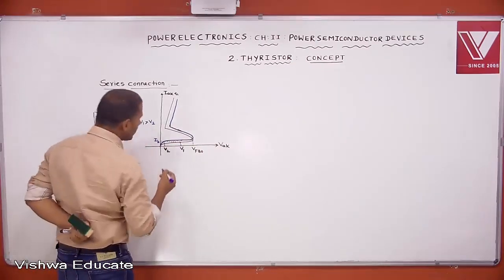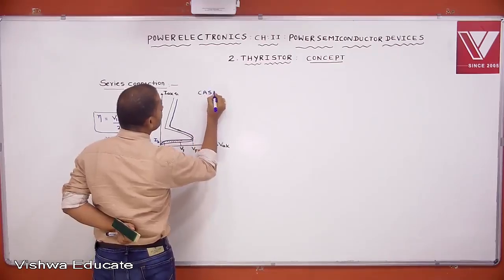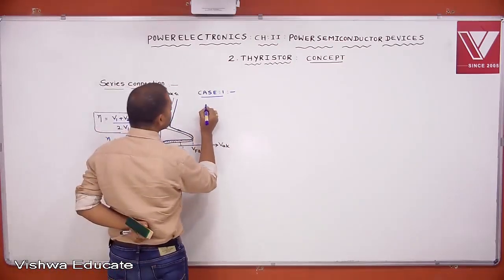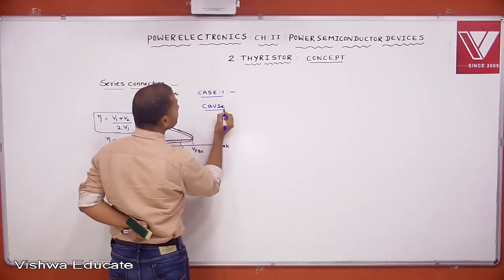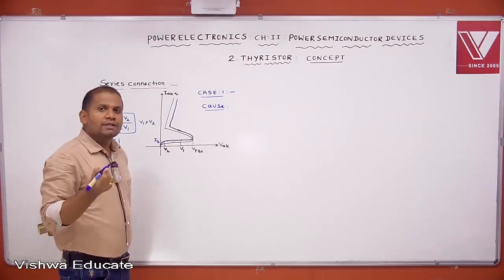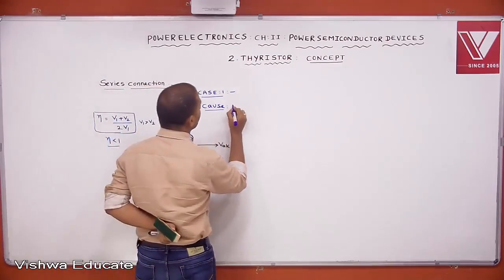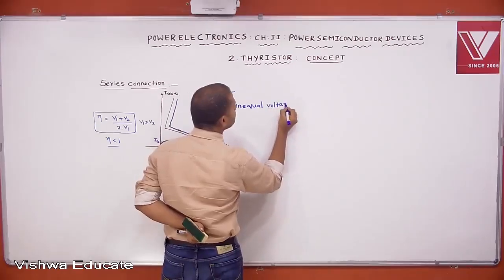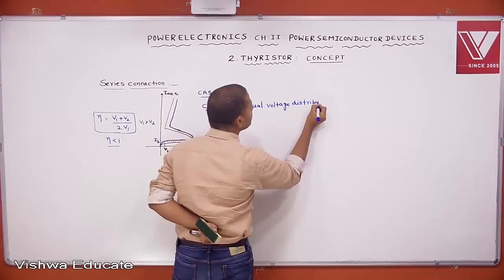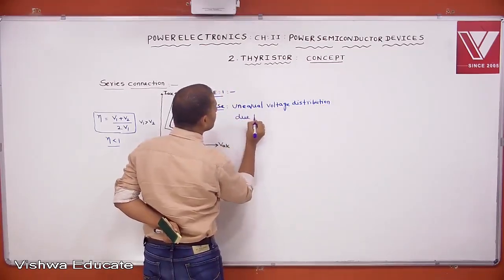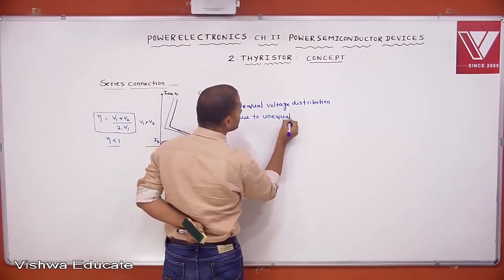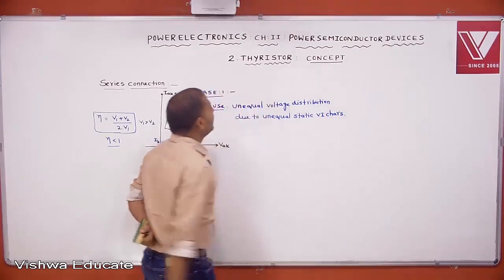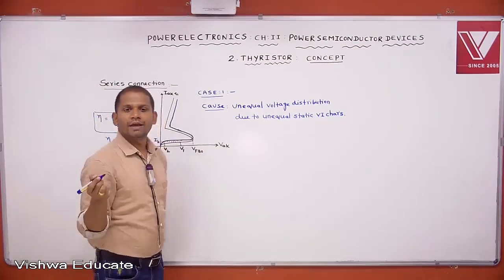Case 1. Under case 1, the cause is unequal voltage distribution due to unequal static VI characteristics.